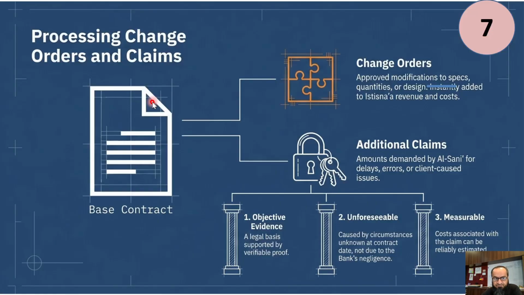Point number 7, if there are change orders which were unforeseen, with approved modification to specifications, quantities or design, they are added to Istisna's revenue and cost. For example, we were manufacturing a diesel generator, and eventually, because of the war situation, the client says okay, also include the solar power panel in the generator.